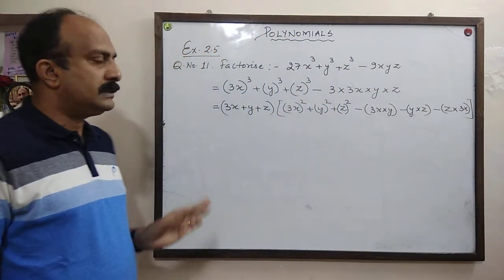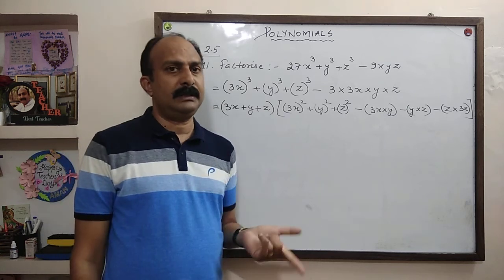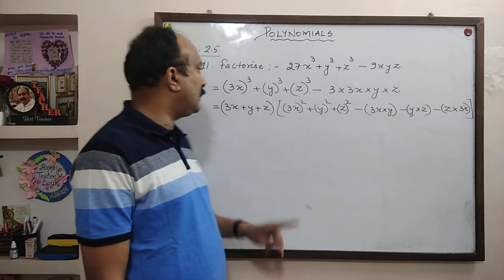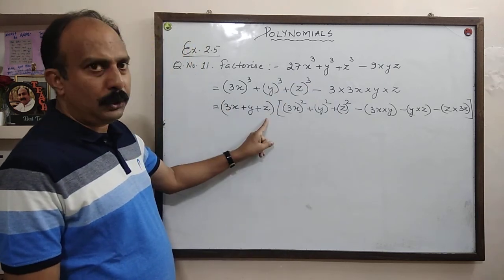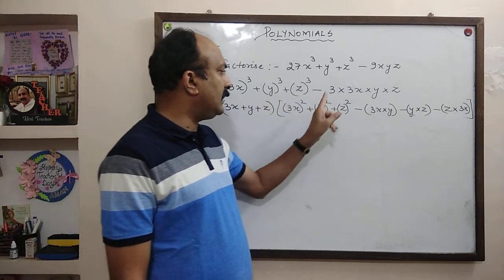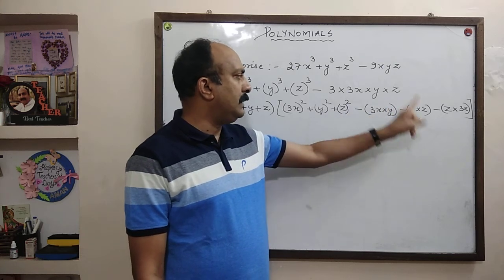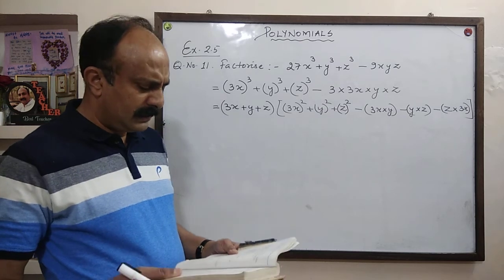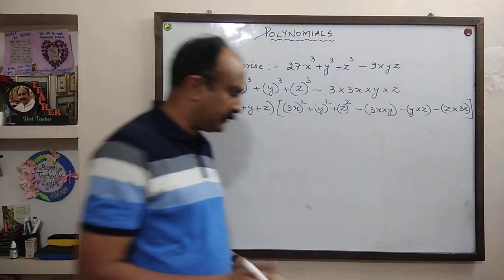Clear? It is just the application of the next identity. A cube plus b cube plus c cube minus 3abc equal to a plus b plus c into a square plus b square plus c square minus ab minus bc and minus ca. So just substitute these values.